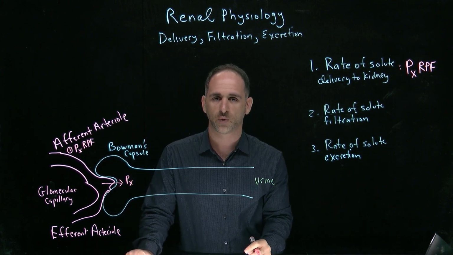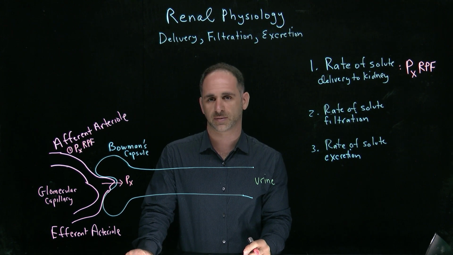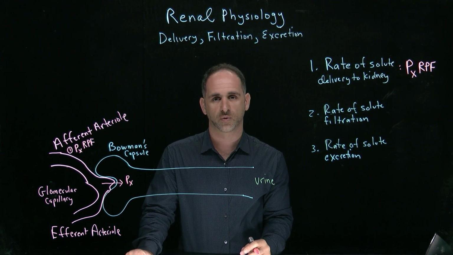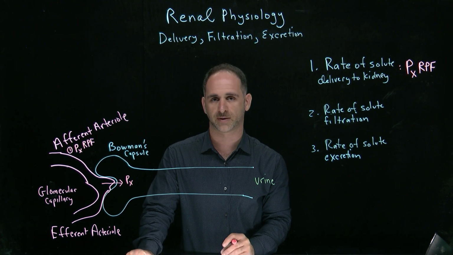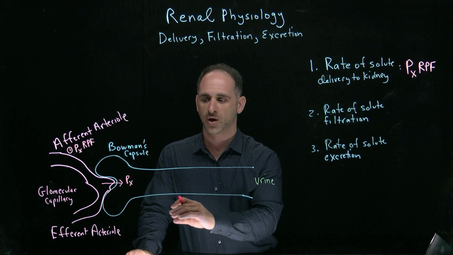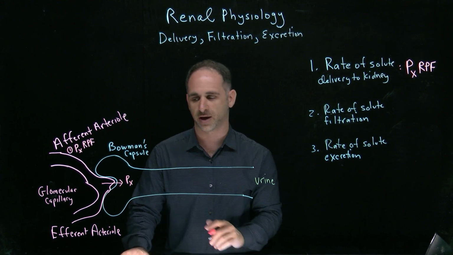Now, if a fraction of it was bound and a fraction was unbound, we'd have to multiply by the free concentration. So we'd have to multiply by the fraction unbound. But in this case, we're going to just leave it as Px for now.